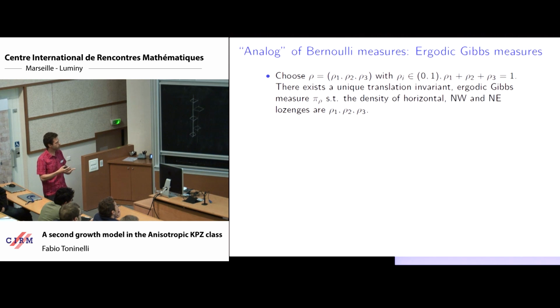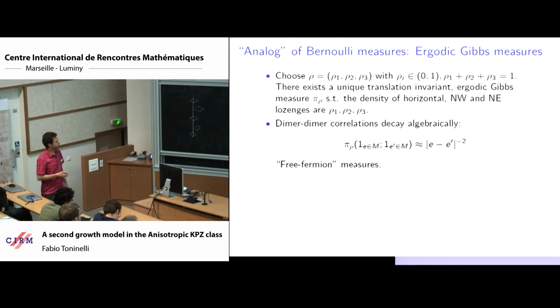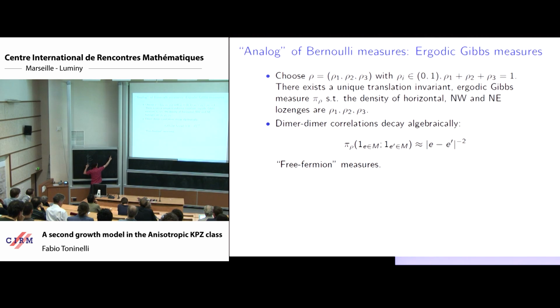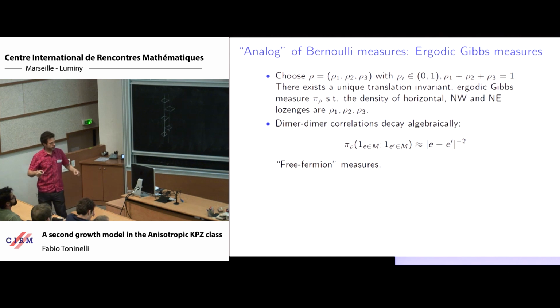So given rho 1, rho 2, rho 3, there is a unique measure of this type. If you look at correlations at some distance, like the probability of having a horizontal lozenge here and one there, truncated as usual, this correlation decays like 1 over the distance squared.